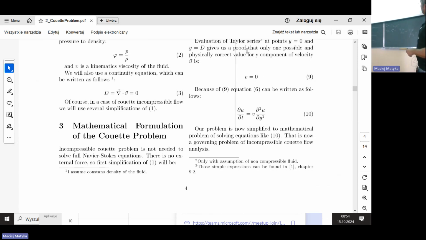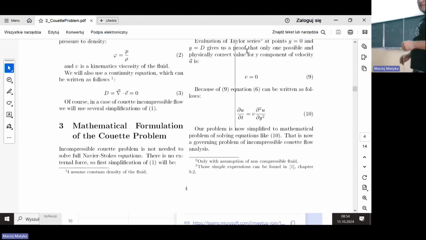Now we have this equation, and this is actually the simplest possible for this particular problem. So we have the derivative of u component, and we have this viscous term, and now we want to solve it. That's actually the problem itself to solve.